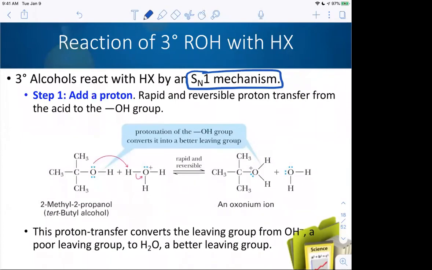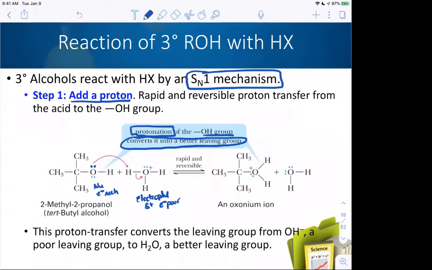The first step is to add a proton, right? This is nucleophilic. It's an area of electron density. This is the electrophile. It's got a partial positive. It's electron poor, right? I have this protonation of the OH group, and the purpose of this is to convert it to the better leaving group.